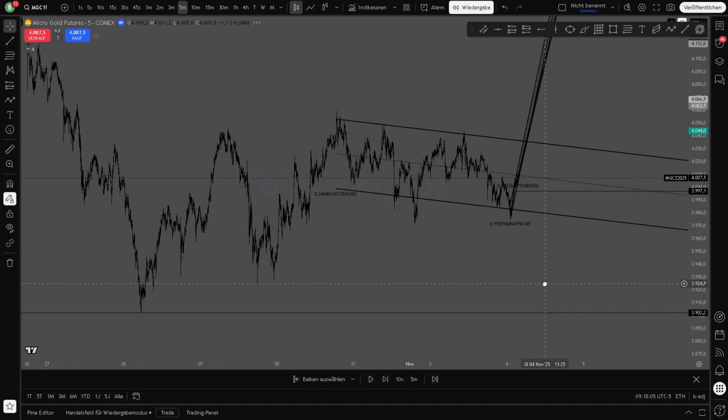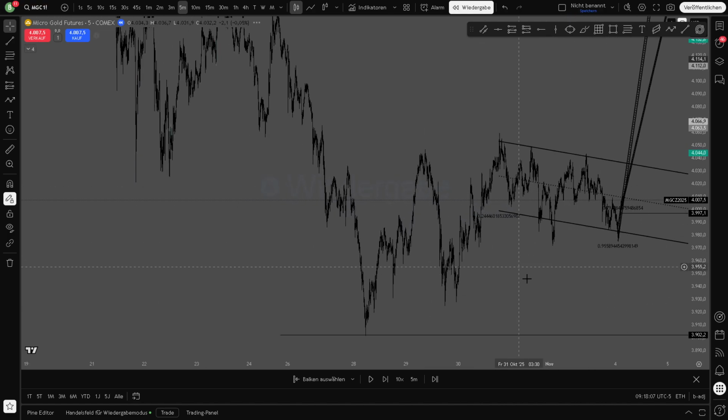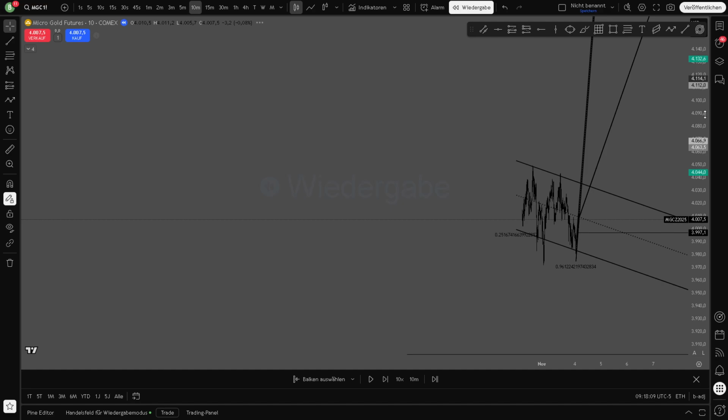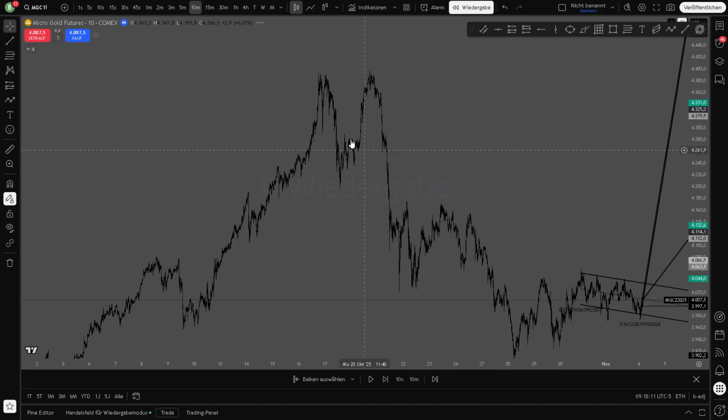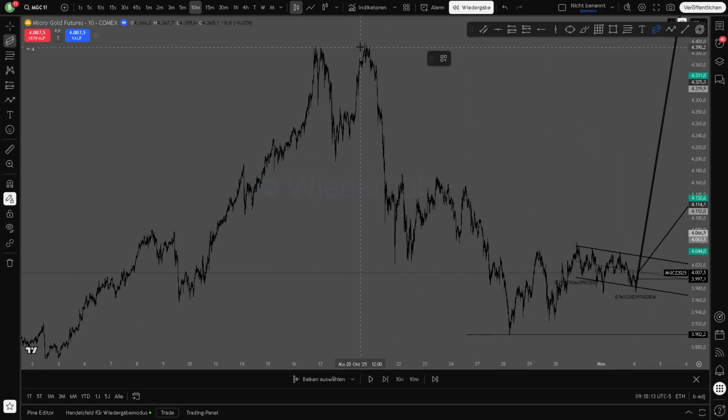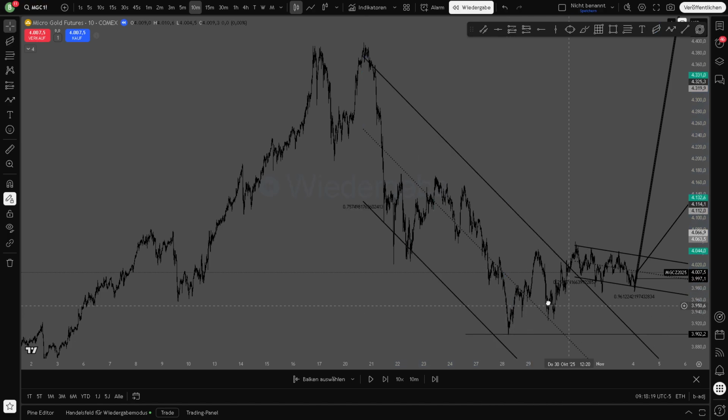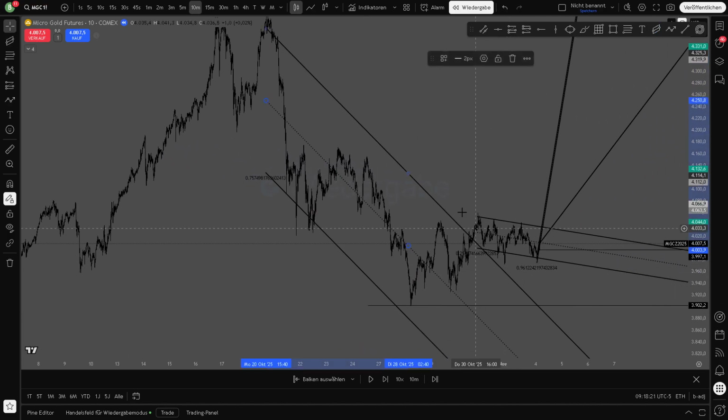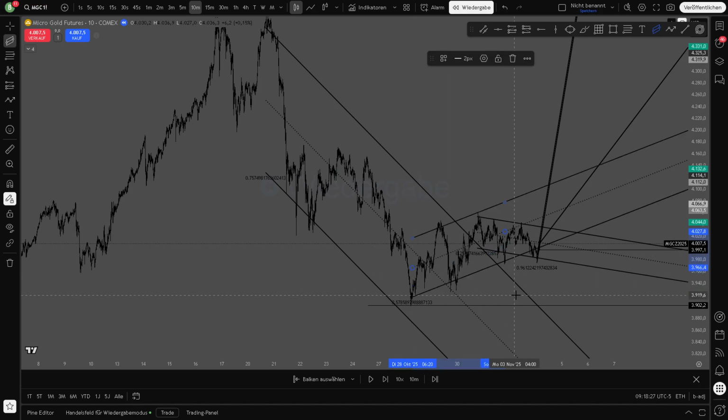So as you can see, we have this trend here. We have this nice range. Also, this is not valid anymore. From this low here, as you can see, this is invalid. We might get a pullback, which we already might have.